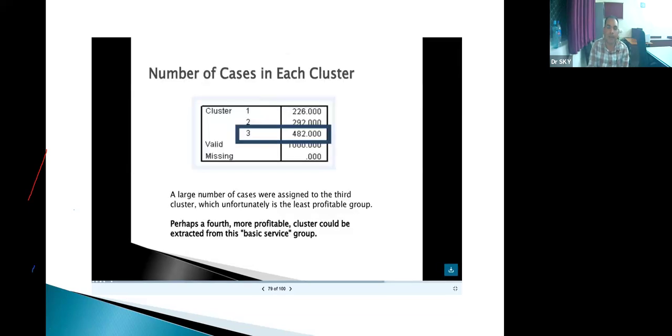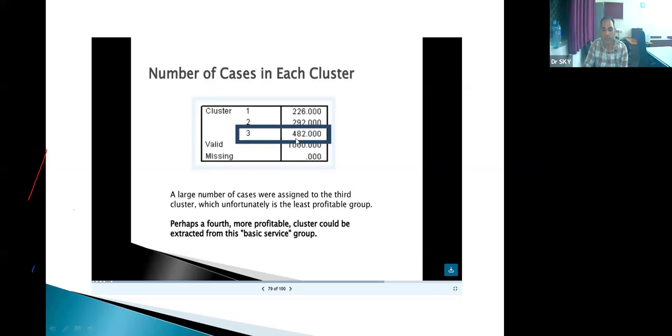See here, this one: number of cases in each cluster. Total 1000 is divided into these 3 clusters. So this is a big group, almost 500 persons. A large number of cases were assigned to the 3rd cluster, the least spending one, which unfortunately is the least profitable group. So perhaps a 4th, more profitable cluster could be extracted from the basic services group.